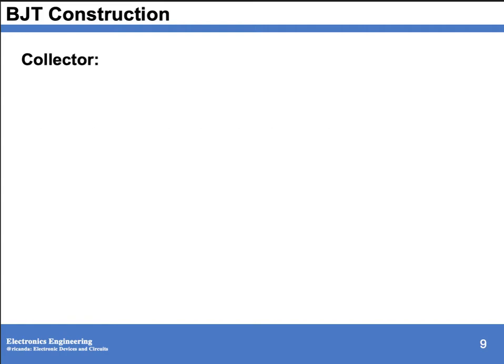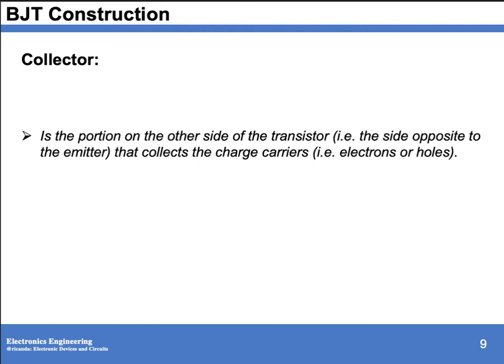The collector is a portion on the other side of the transistor, opposite to your emitter, and this will collect the charge carriers, either electrons or holes. Remember, the emitter supplies, the collector will collect the charge carriers.